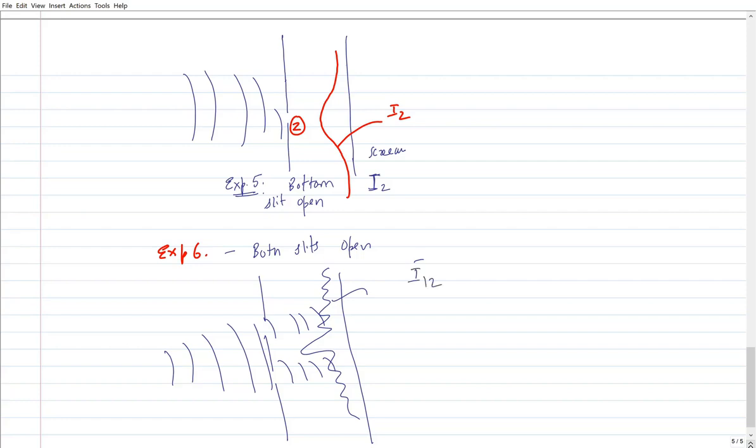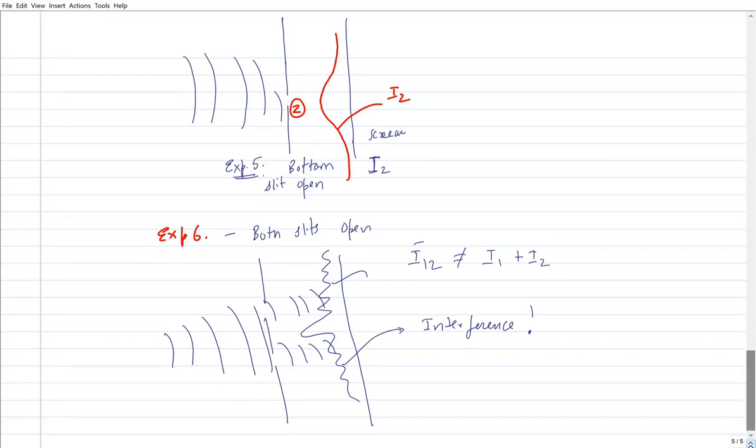I12, which was not equal to I1 plus I2, and I see this interference pattern. How do we make sense of it? Of course, we know that these are waves, and waves interfere, and these are the interference fringes, the fringe pattern you see over here.